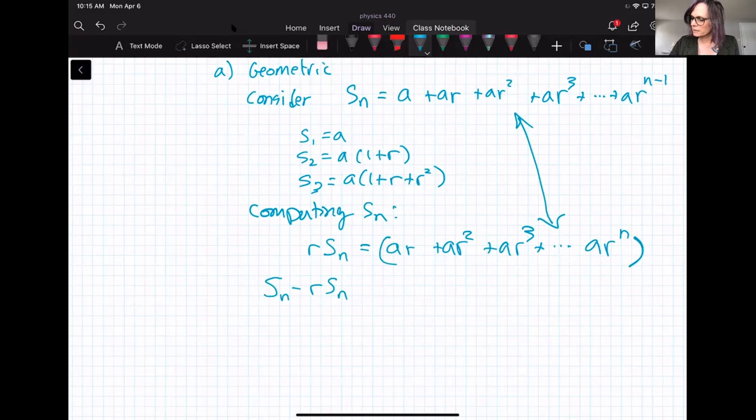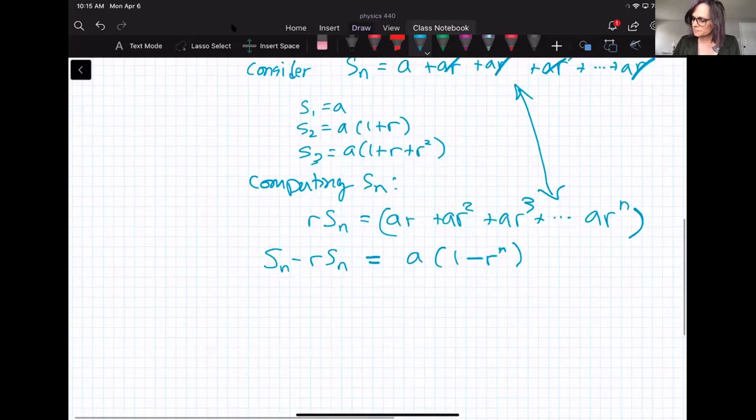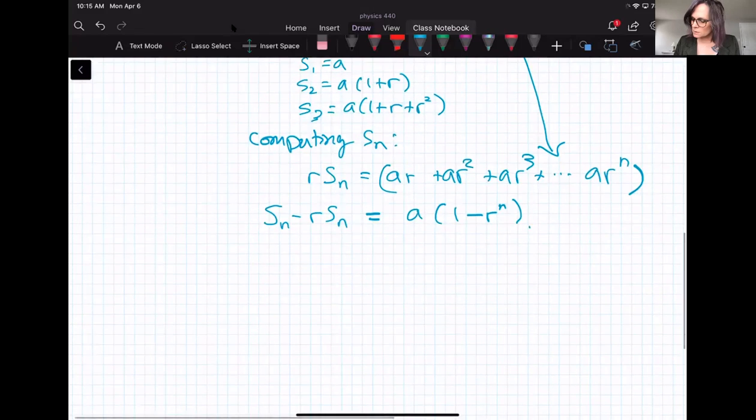Obviously, that means that these terms go away, and you're left with a times 1 minus r to the n. So S sub n is equal to a times 1 minus r to the n divided by 1 minus r.